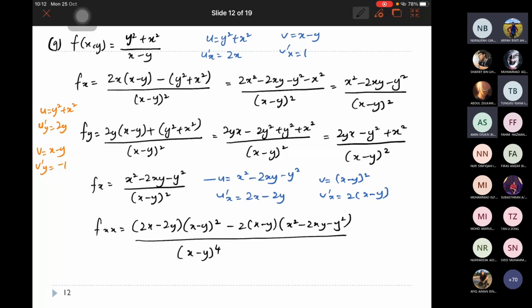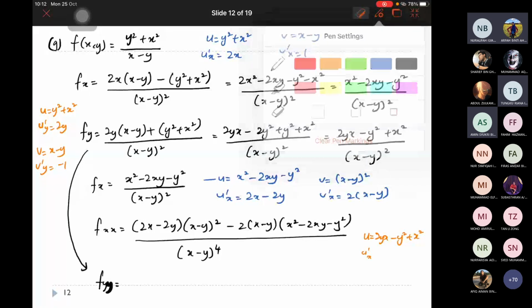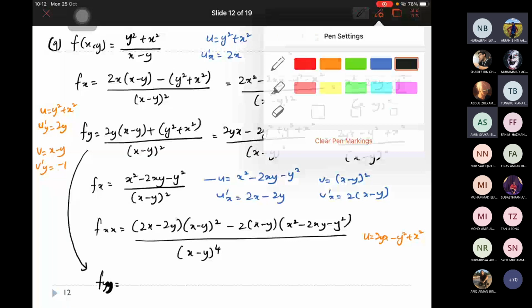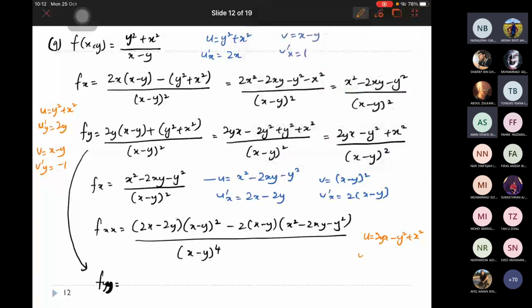Then from your f_y, we want to get f_yy. Okay. f_yy. So taking your u equal to 2yx minus y squared plus x squared, u prime y equal to 2x minus 2y.